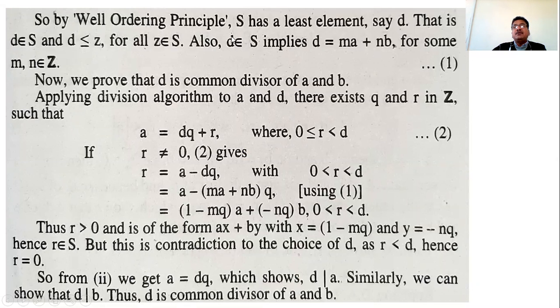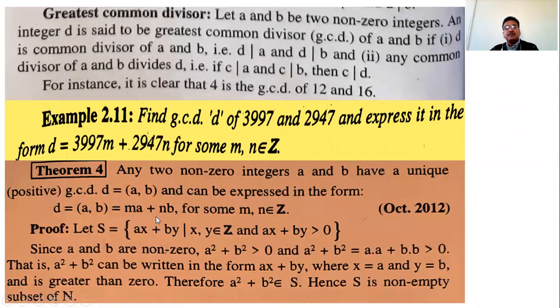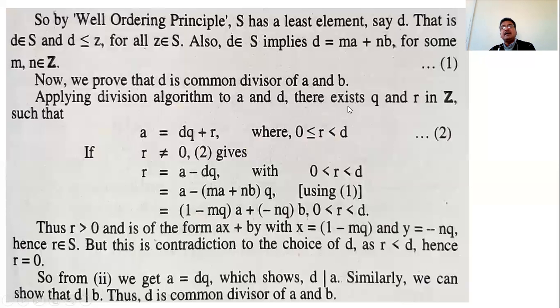And therefore, as D is an element of S, D is of this form ma plus nb, because every element of S is of the form ax plus by for some x and y belonging to Z. So instead of x and y here, use m and n. And so D is expressed in the form ma plus nb for some m and n belonging to Z, because this is the property of the set S. Once an element belongs to S, it is of the form ax plus by for some integers x and y.